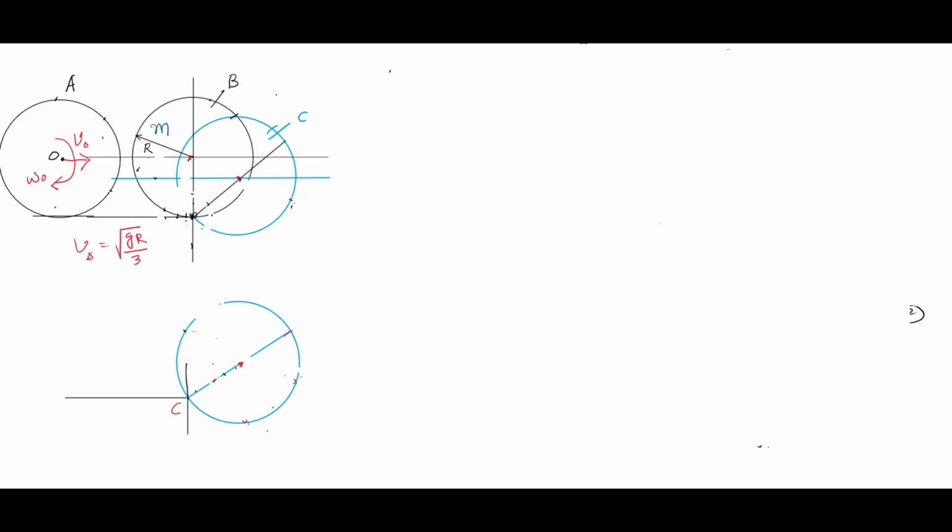In state A, the total kinetic energy of the body is equal to translational kinetic energy, half m v naught square, plus rotational kinetic energy, half I naught omega naught square. I naught is the moment of inertia about the axis through the center of mass.